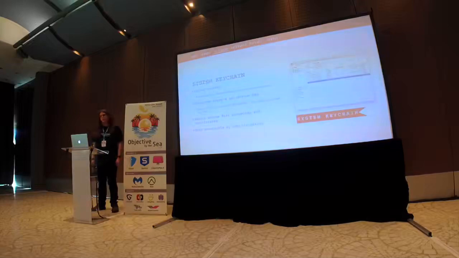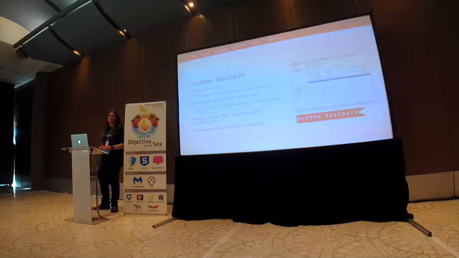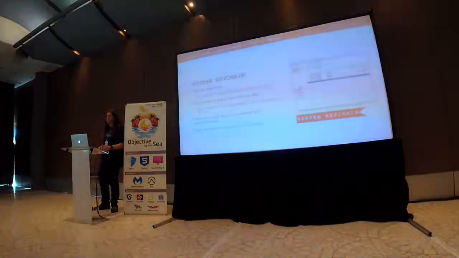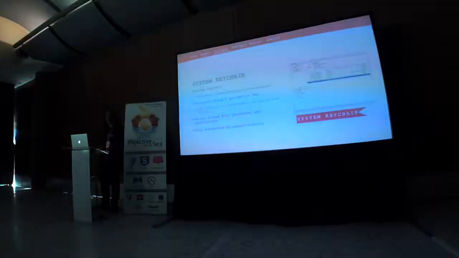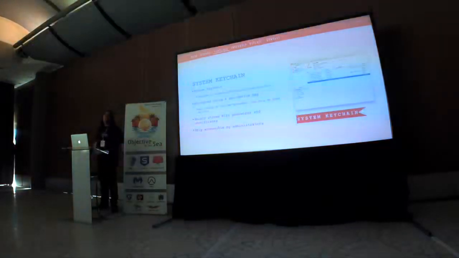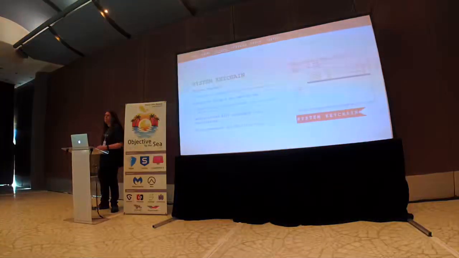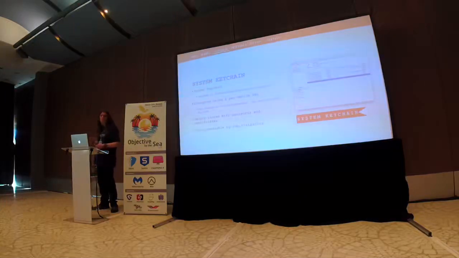The system keychain is also important because it stores mainly your Wi-Fi passwords, and it's more interesting when you're a large company who wishes to deploy apps or make sure that it's integrated in their network, and it's also encrypted.